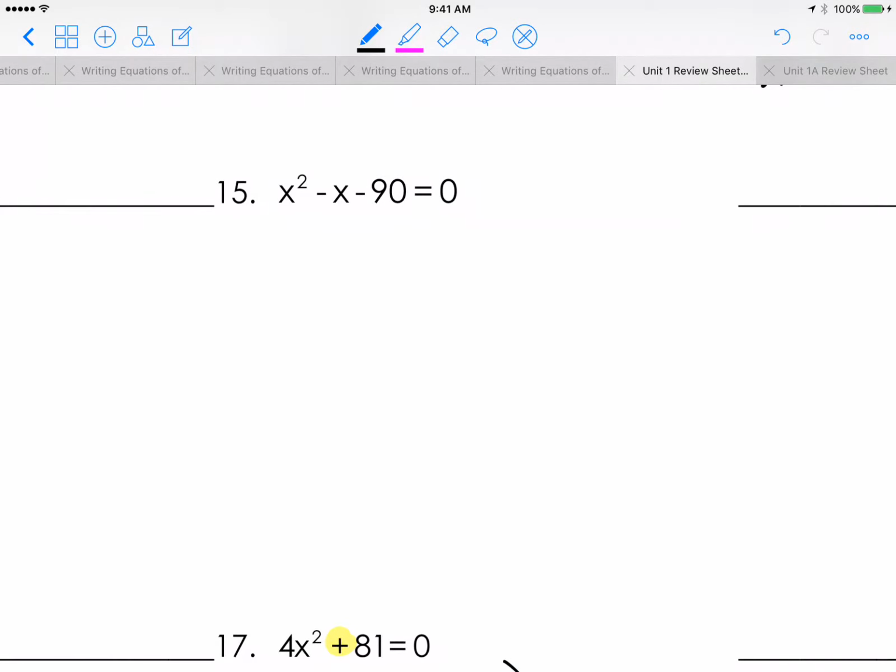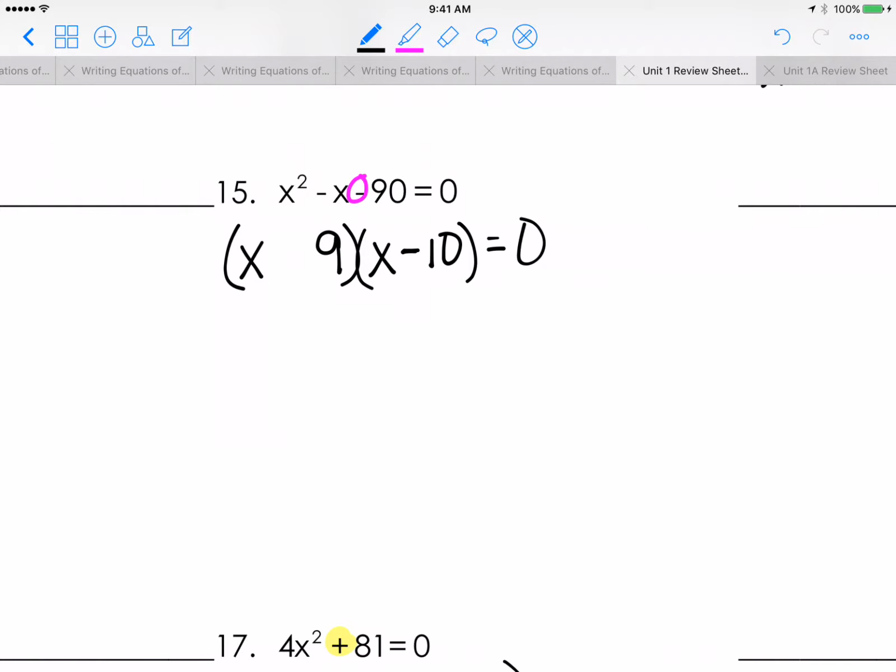Number 15. So again, GCF, there's not one. It's 3 terms. There's no a, so a is 1, so we just factor like normal. So factors of 90 that again are going to subtract to give you 1. So hopefully we said 9 and 10.